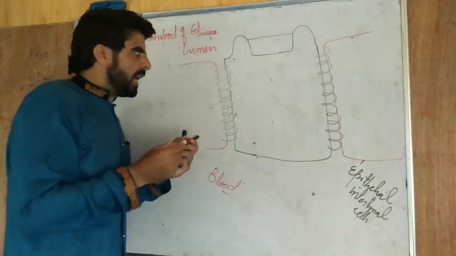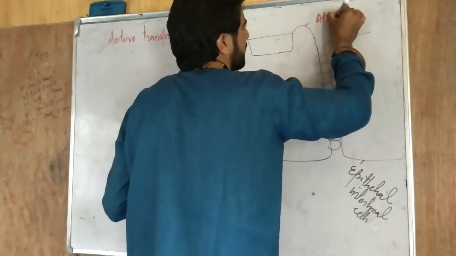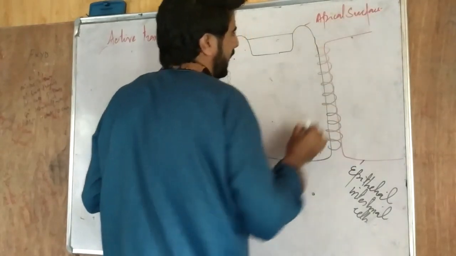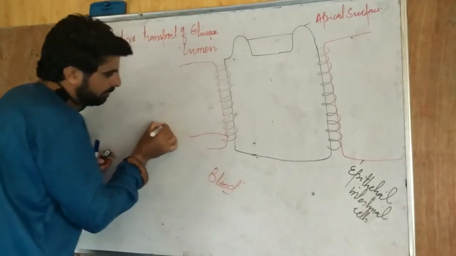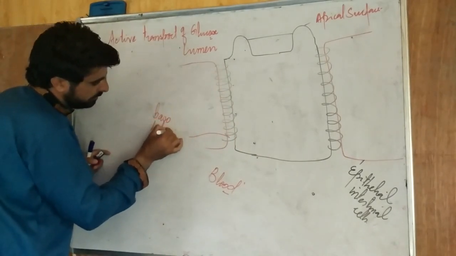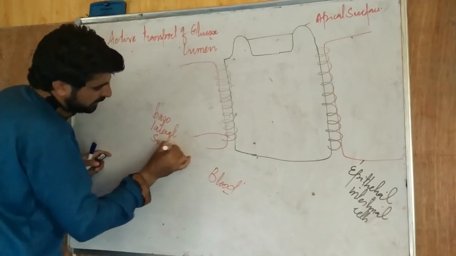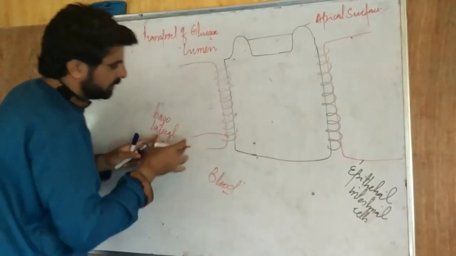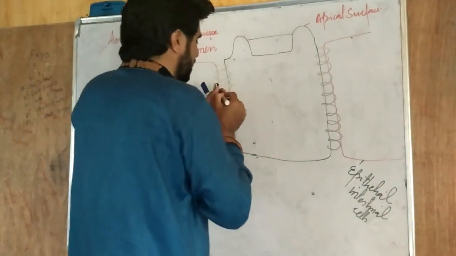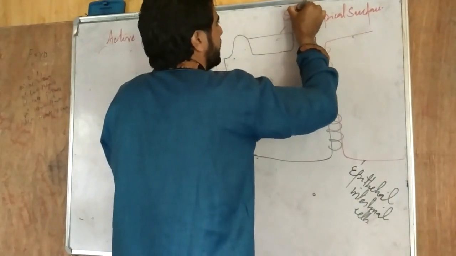Now on its apical surface, say if we take this one, this is the apical surface. Apical surface is towards the lumen, and this is our basolateral surface. That means on its basal surface we have the presence of blood. So on its apical surface we have the presence of SGLT.